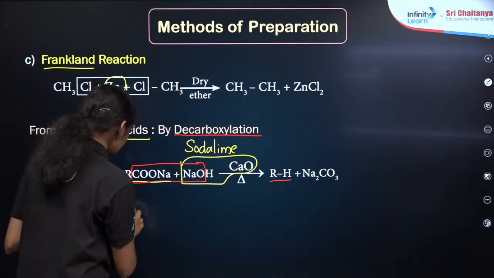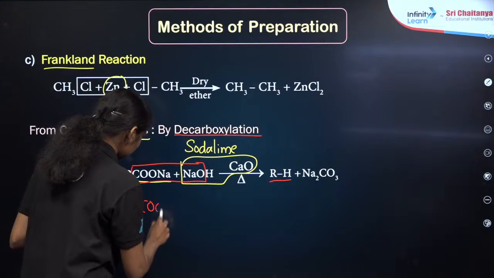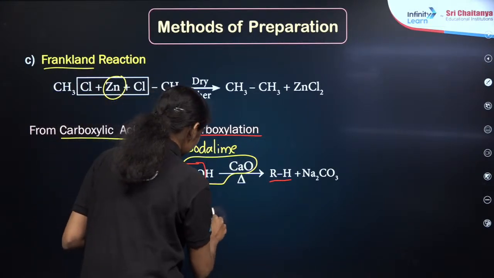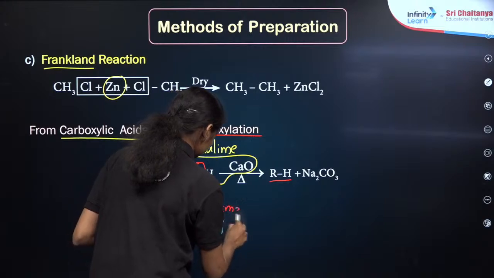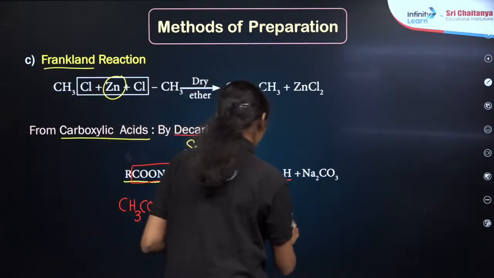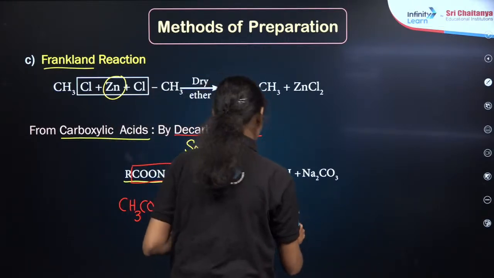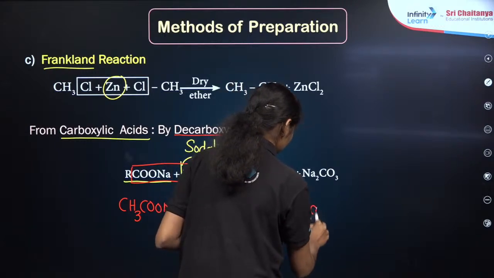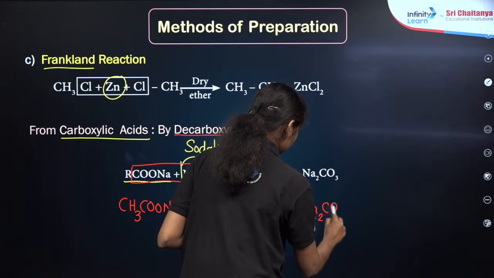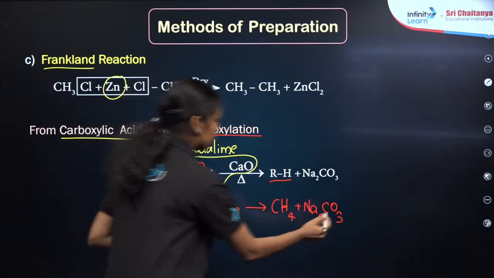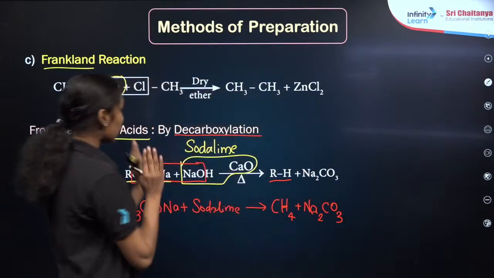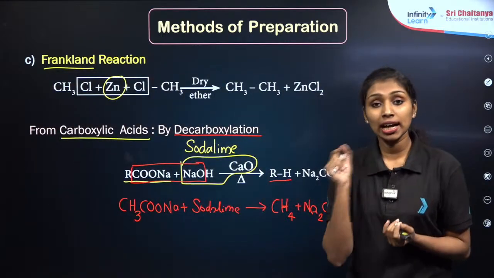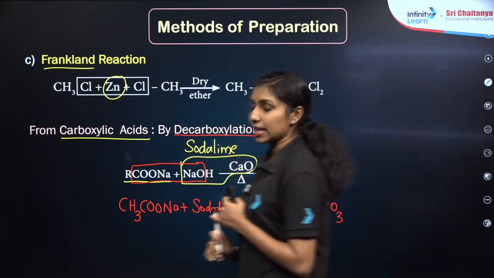For example, if I am taking CH3COONa, you will get the product CH4, which means that by using this particular method, you can prepare an alkane containing one carbon atom less than that present in the reactant.